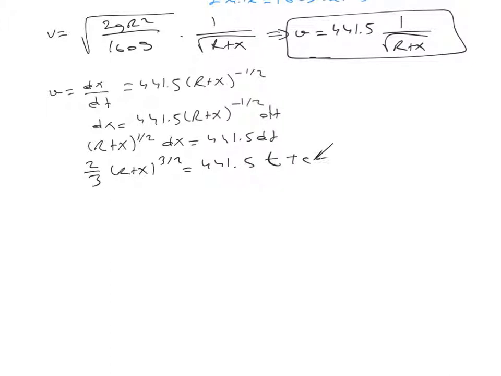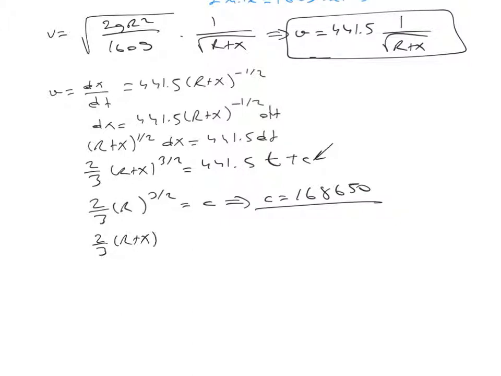In order to find the constant C, let's use the initial condition. And from here, C is equal to 1686.50. Let's update our equation by using this constant. 2 over 3 times (R plus x) to the 3 over 2 is equal to 441.5 times t plus 1686.50.